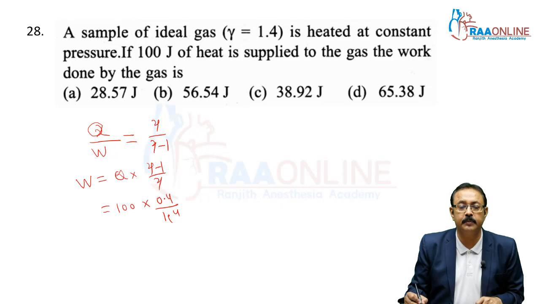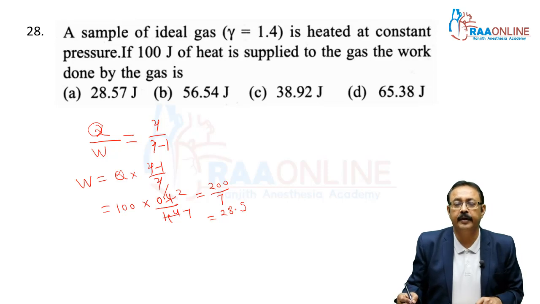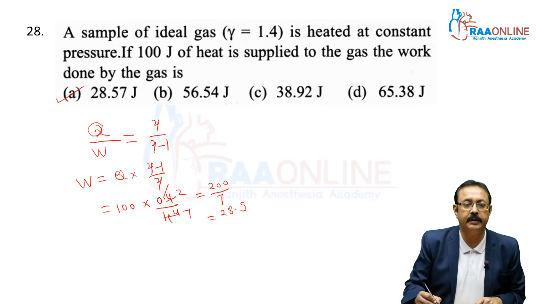Remove the decimal points, 2 2s are 2 7s are, so you have to divide 200 by 7, which gives 28.5. So we are going with A.